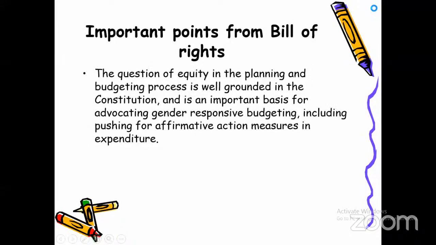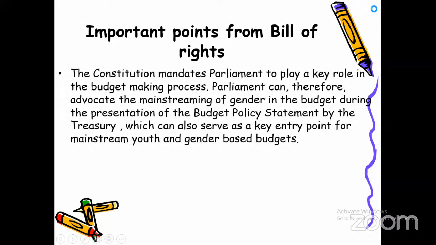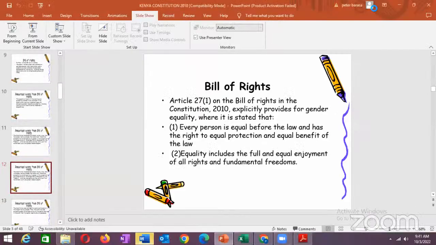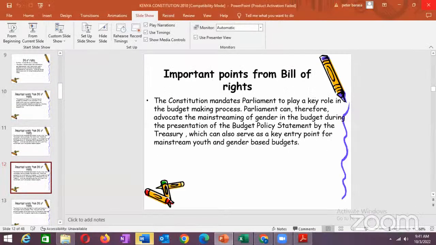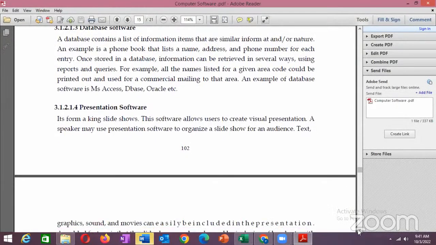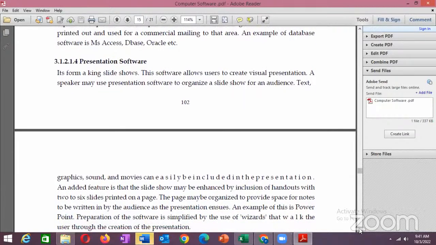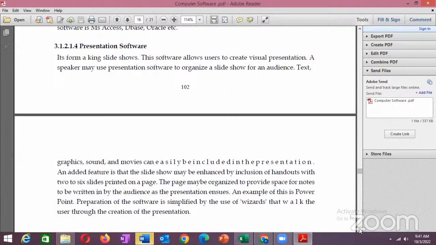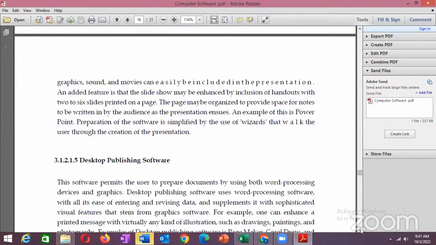So that's a presentation package. That is MS PowerPoint or Microsoft PowerPoint, and you can add graphics, and it's very important. An example of this is PowerPoint. Preparation of presentations is simplified by the use of wizards to walk the user through the creation of their presentation.